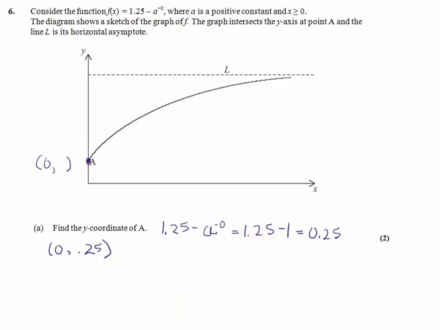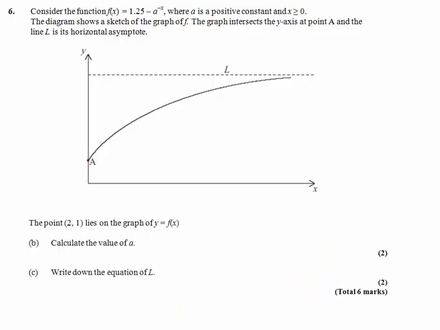Then we move on to part B, where they want you to calculate the value of a, and they tell you that the point (2, 1) lies on the graph. And what's that mean? That means that somewhere on this graph is the point (2, 1). How's that going to help me?